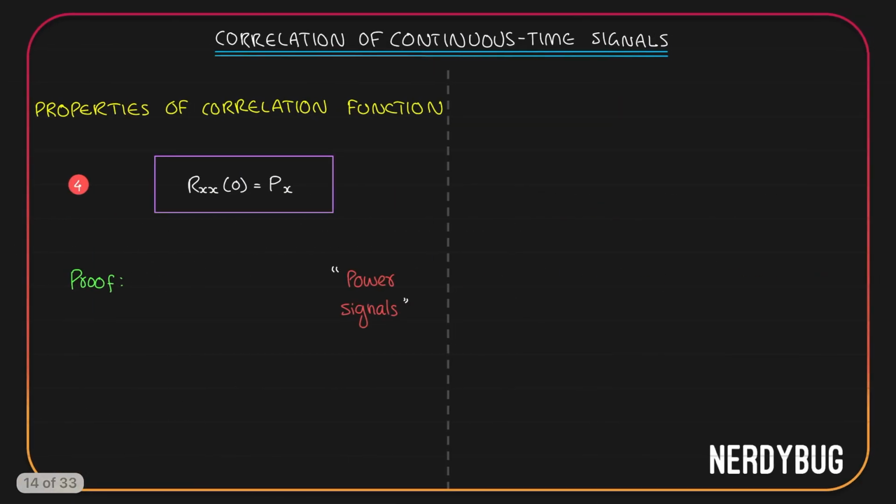In the next property, we will prove Rxx of 0 is the power of x of t for power signals. Autocorrelation of a function x of t can be written like this. Rxx of tau is limit T tends to infinity 1 by T integral from minus T by 2 to T by 2 x of t minus tau dt.